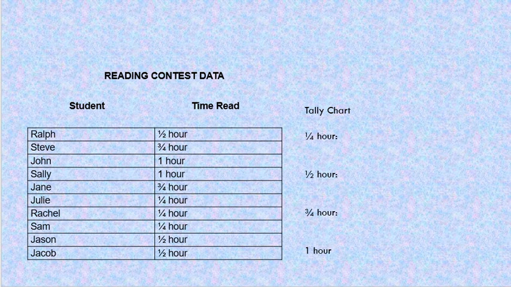You would make a tally chart by looking at your time read and organize it by the hours read. If you look at our tally chart, we have 1/4 hour, 1/2 hour, 3/4 hour, and 1 hour. Pause the video and take time to make a tally chart using this data.